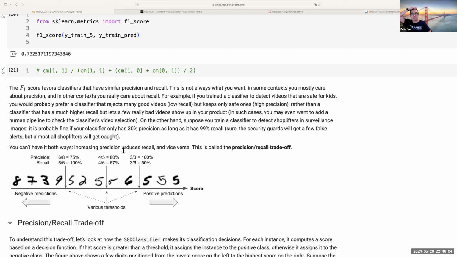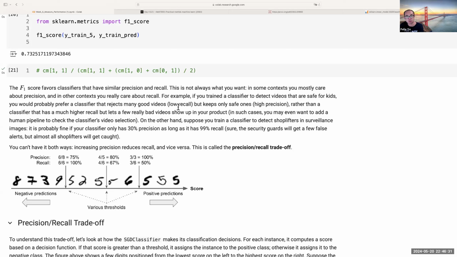But this is not that simple, because under different scenarios you might want to emphasize precision, and under different scenarios you might want to emphasize recall. For example, if you want to train a classifier to detect whether videos are safe for kids, you would probably prefer a classifier that rejects even really good videos.